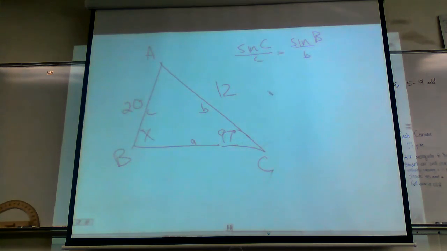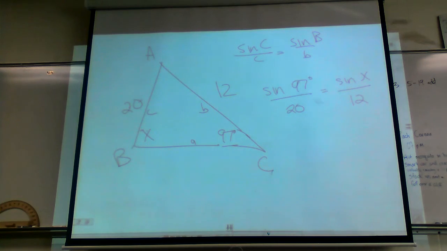Okay, so if I fill in what I have, I've got angle C on my triangle listed as 97 degrees. Side C I have as 20. The sine of B is what I'm trying to find. And then side B I have as 12. You can make this a decimal.